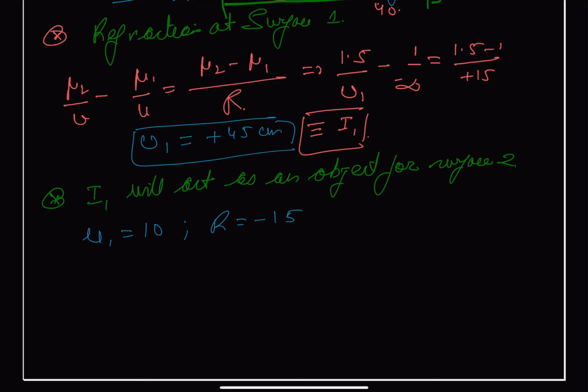And we can substitute the values, and using the same formula we are going to get mu2 upon v minus mu1 upon u is equal to mu2 minus mu1 upon r, and let us call this 2 and this 1.